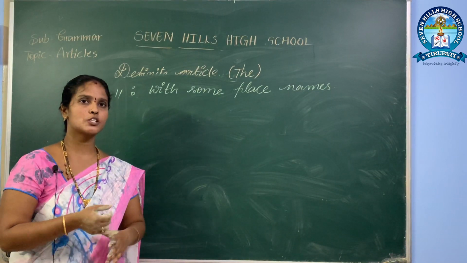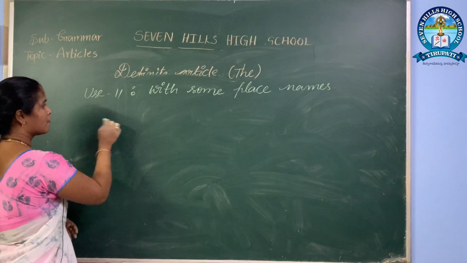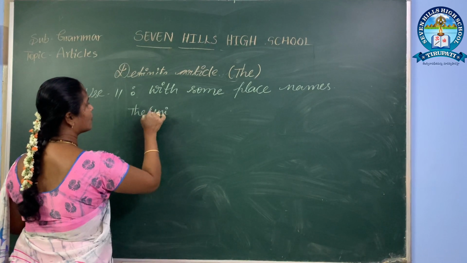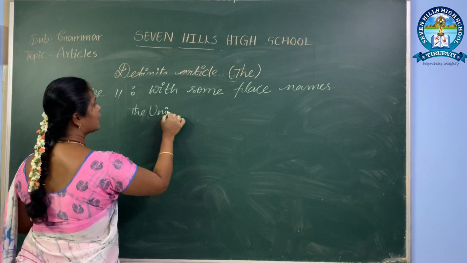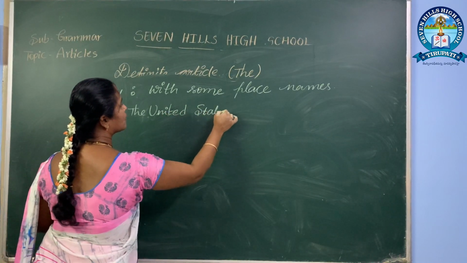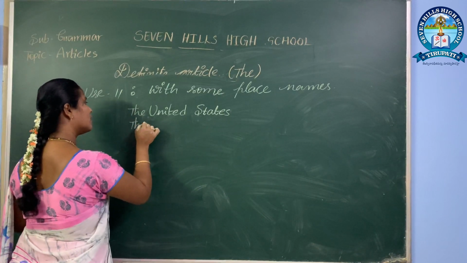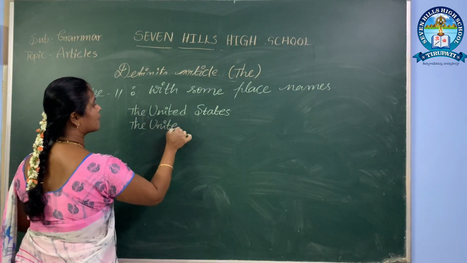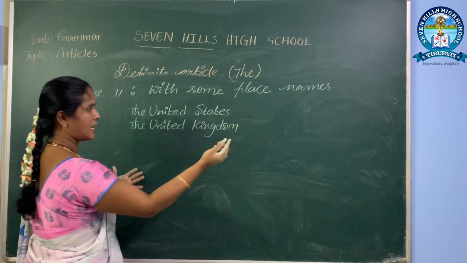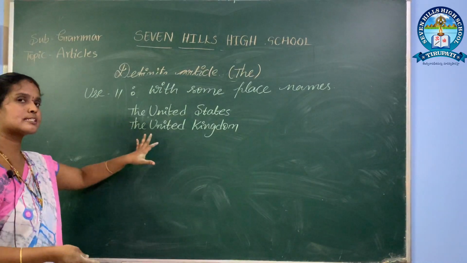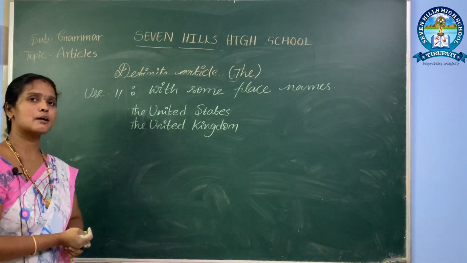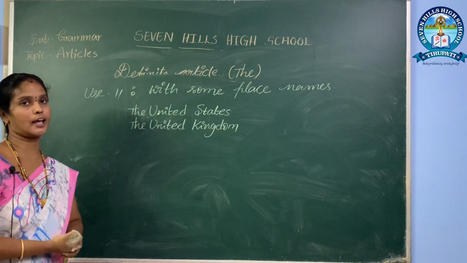The countries which have the in their name, for example, the United States, the United Kingdom, the Netherlands, like this. These places, these countries have the as a part of their names, and there are some other places which have the in their names.